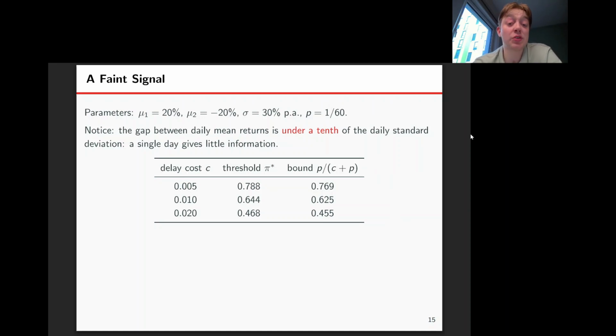So a single additional day gives us very little information on whether the disorder has actually occurred or not. So we've got a few values here for different delay costs. As C is 0.005, 0.01, and 0.02, we have these different threshold values pi star.